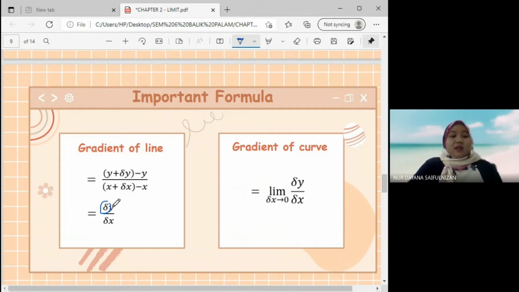Same goes to delta x, and here is the formula for the gradient of line. The second formula is gradient of curve, where we use the limit to find the gradient of the curve. So limit of delta y over delta x, delta x approaching 0.